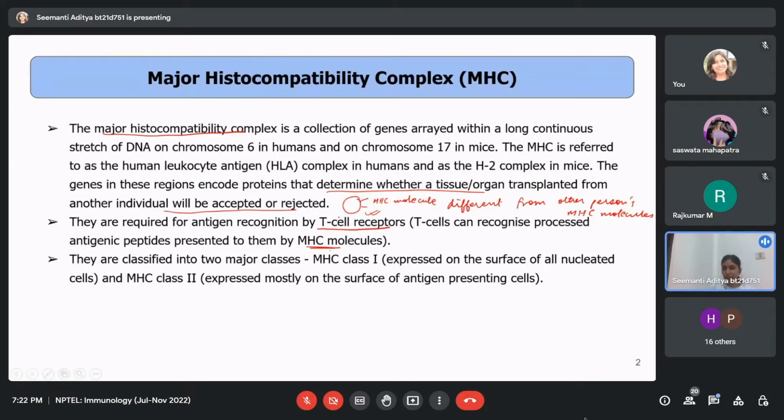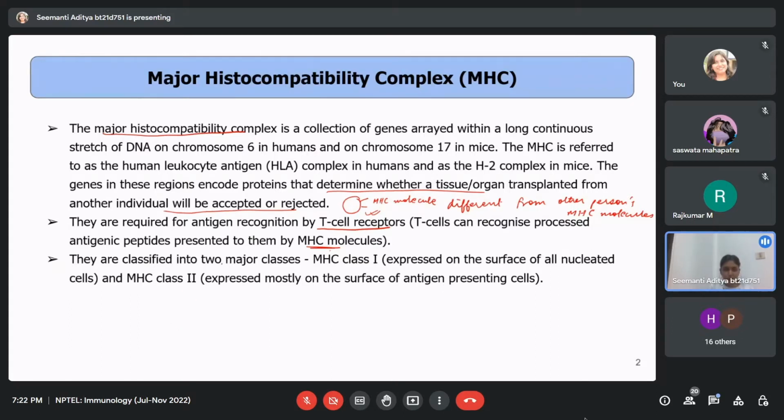So if you are getting a quite good match of your kidney or your liver, then you can go ahead with your transplantation with minimum risk. But in most cases, most individuals will have very different varieties of MHC molecules.